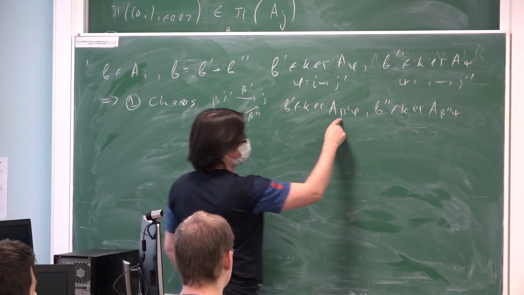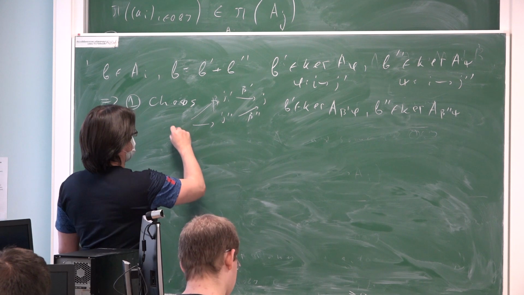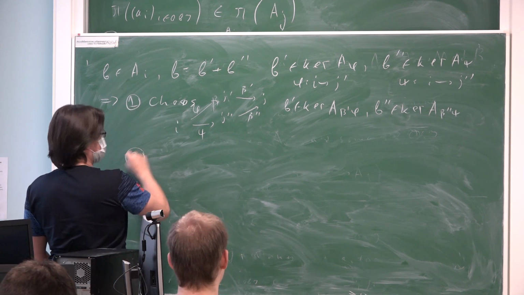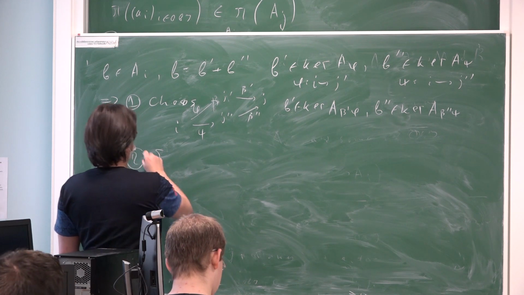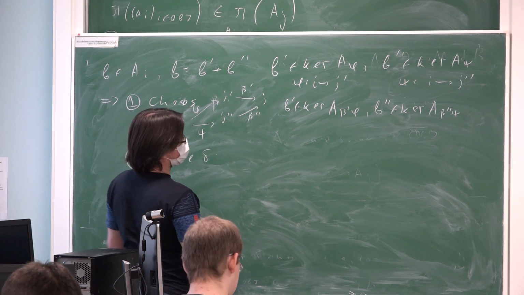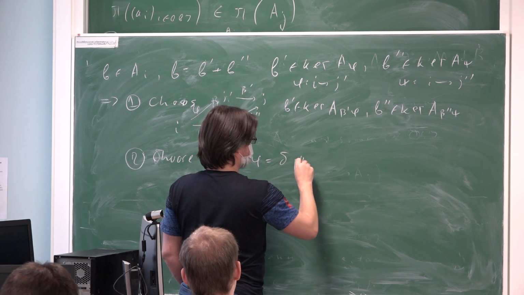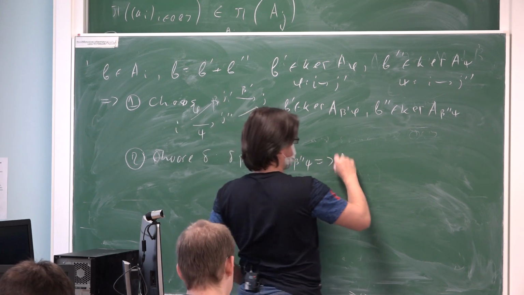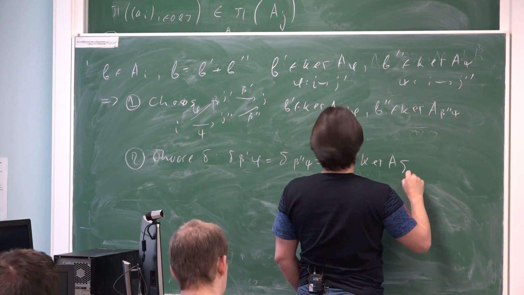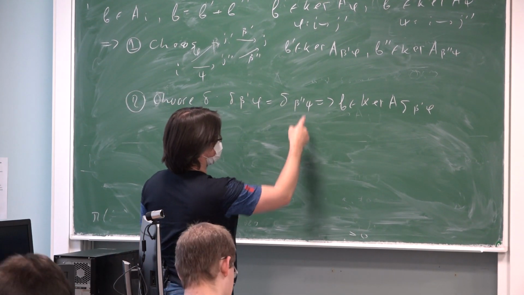And then, since beta prime phi and beta2 prime psi both start at I and finish at j, there is some delta such that delta beta prime phi equals delta beta2 prime psi, and then b lies in the kernel of A delta beta prime phi, which is the same as the kernel of A delta beta2 prime psi.